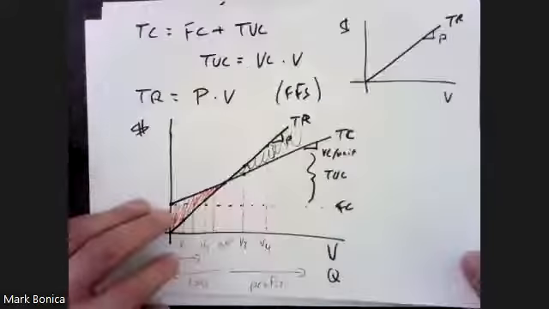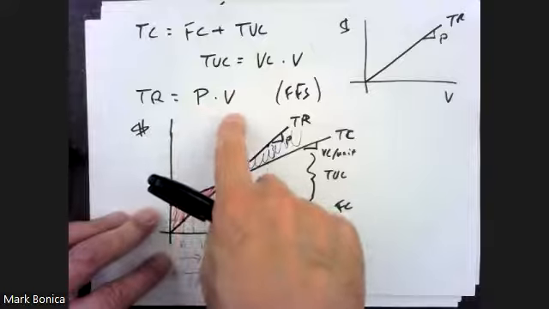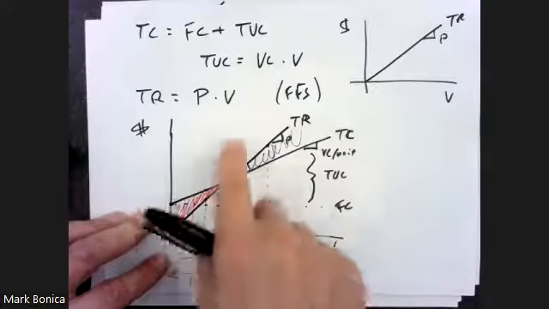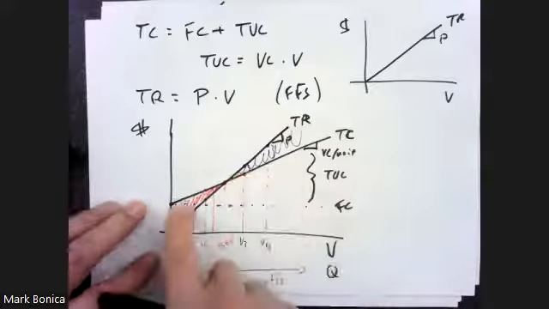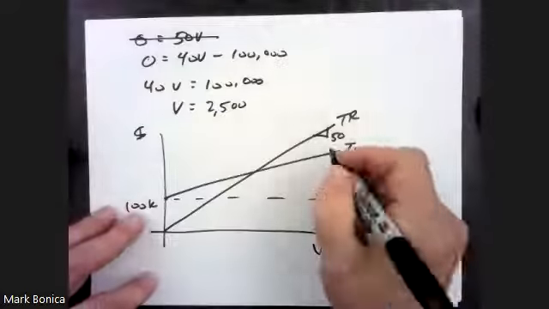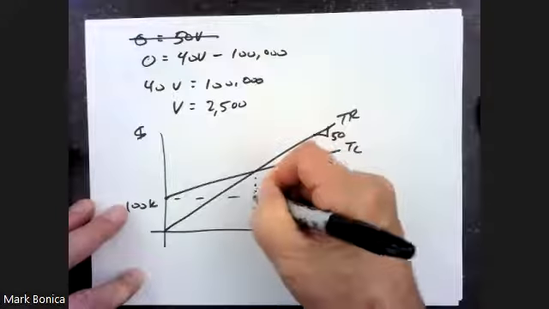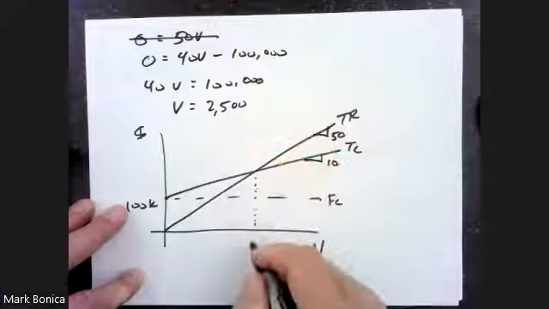The slope of the total revenue curve is the price, because total revenue is price times volume. The total cost curve goes up at a rate of the variable cost, which in this case is 10 per unit. So the break-even volume, we just said, is 2,500.